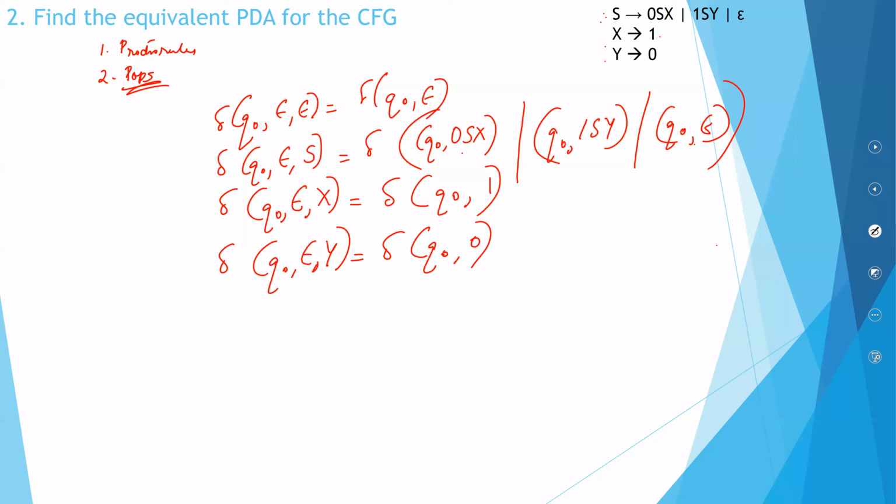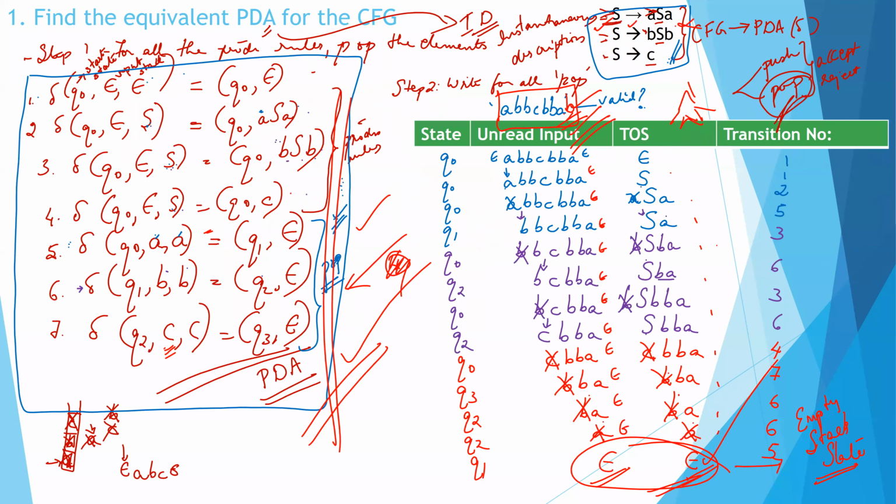Now you have finished your step number 1. You have written equivalent for all the production rules. Now you will have to write for all the poppings. Okay, you have done for all the production rules. Now let's do for all the pops.